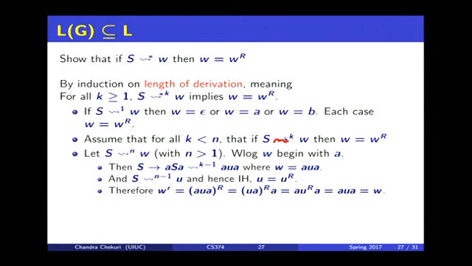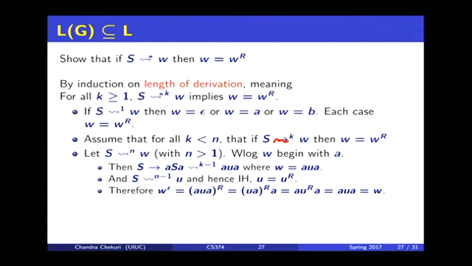Now there are two cases to consider. W can either start with an A or it can start with a B. So we'll just do the case of A, without loss of generality.